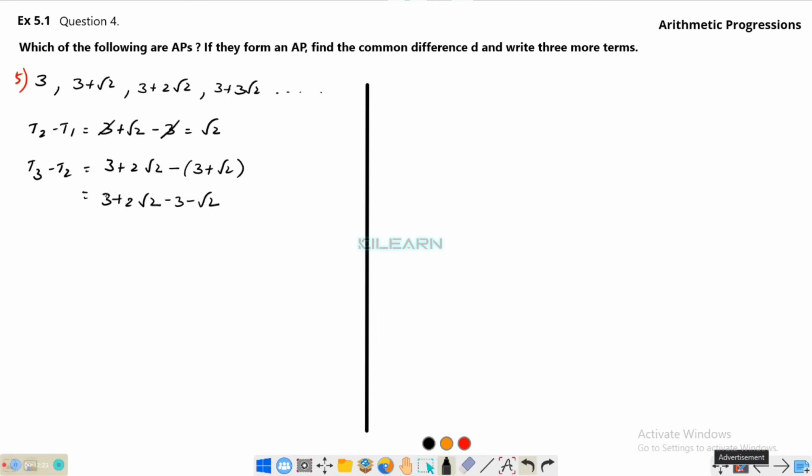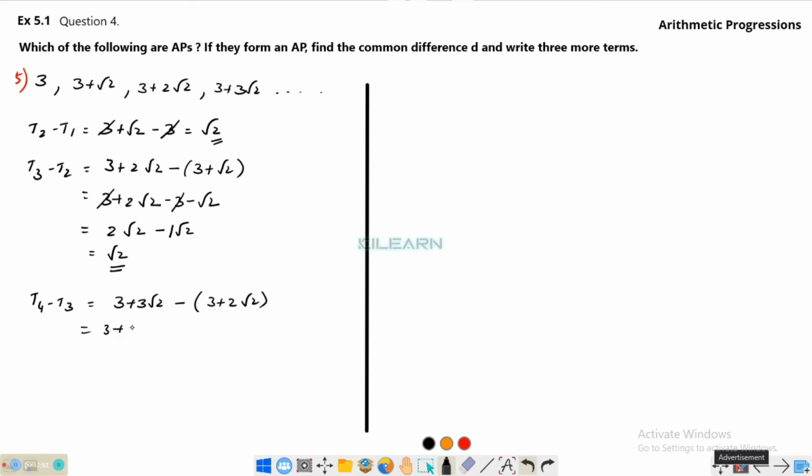Now what happens? 3 plus 2 root 2 remains the same, minus 3, minus into plus, minus root 2. 3 and 3 get cancelled. 2 root 2 minus, if there is no value in front of it, I can take it as 1 root 2. 2 root 2 minus 1 root 2 is again root 2. So T4 minus T3 gives us again 3 plus 3 root 2 minus 3 plus 2 root 2.